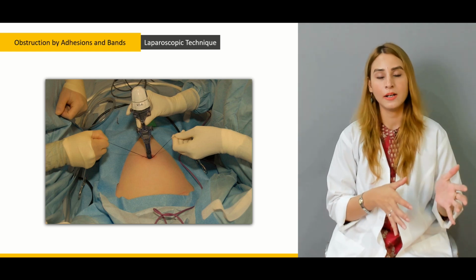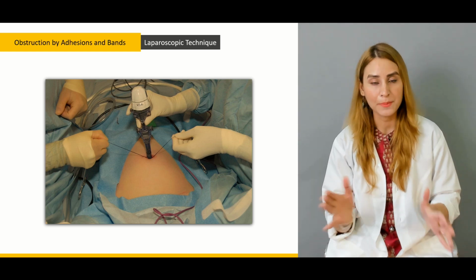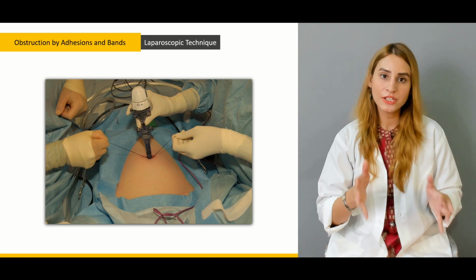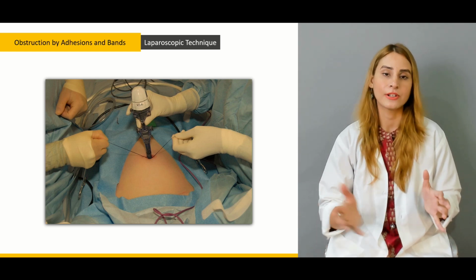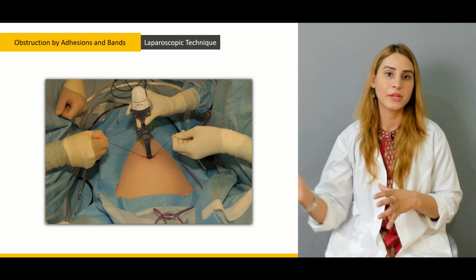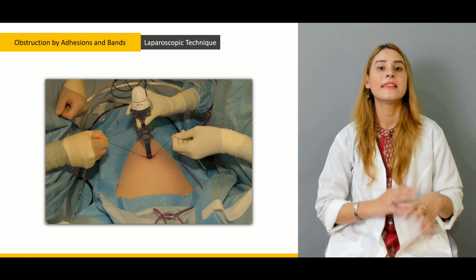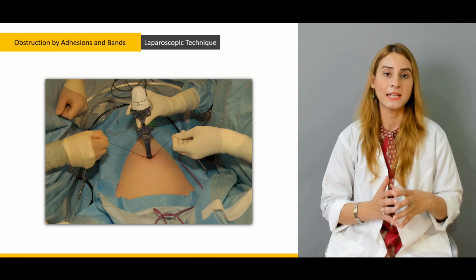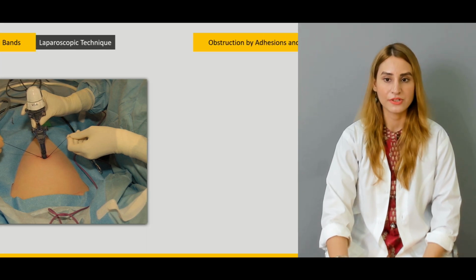So those people who are expert in the laparoscopic technique should use laparoscopic techniques for abdominal surgeries as compared to open surgeries, because that minimizes the risk of adhesion and band formation.